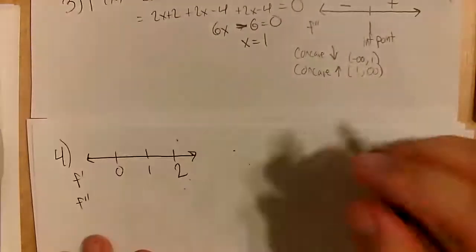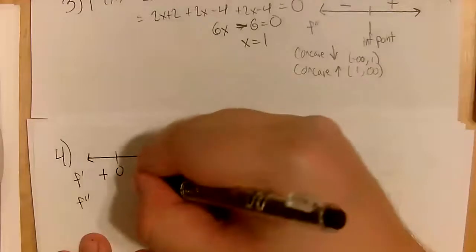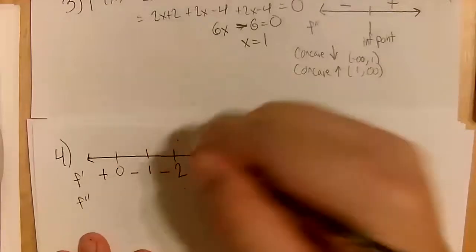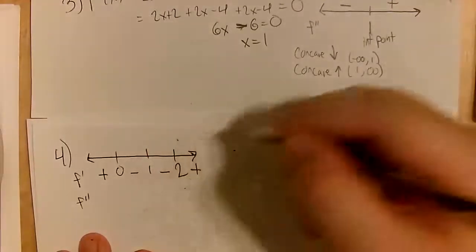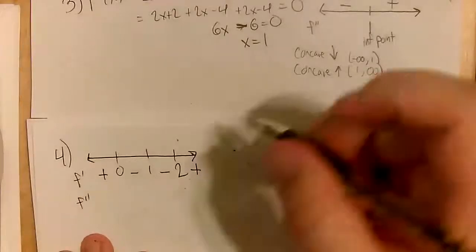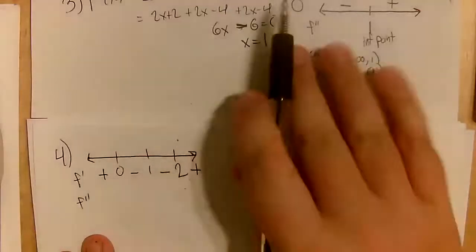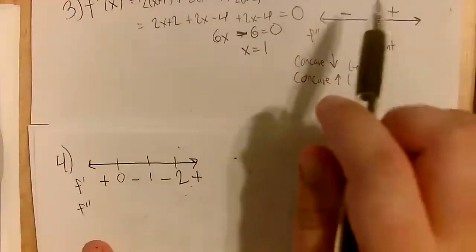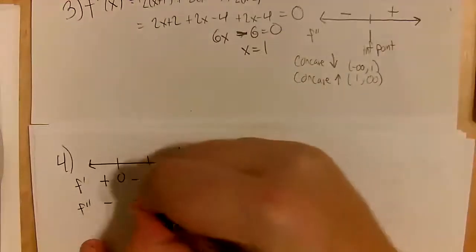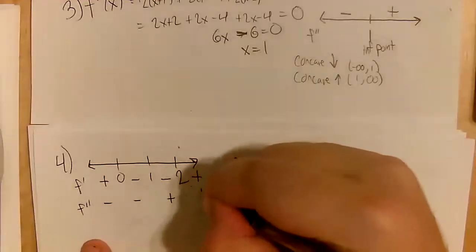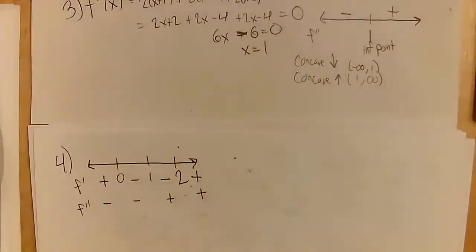So before 0, it was positive. It's going to be negative in between here, and then it's going to be positive there afterwards. With f double prime, it's going to be negative before 1 and positive afterwards. We have minus, minus, and then plus, plus.